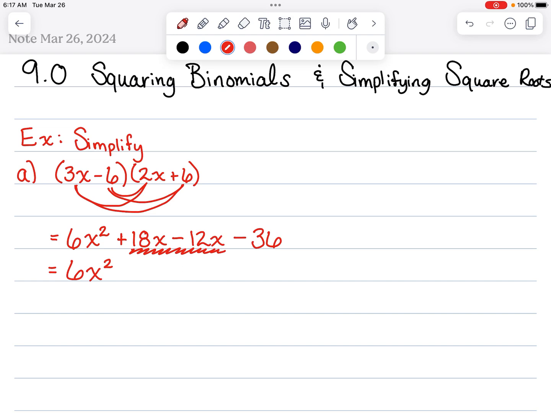But when they're on the same side of an equal sign or there's no equal sign, combining is just doing exactly what this thing says. In this case, it says positive 18x minus 12x. 18 minus 12 is 6. So positive 6x minus 36. This should look familiar. We've done this before.